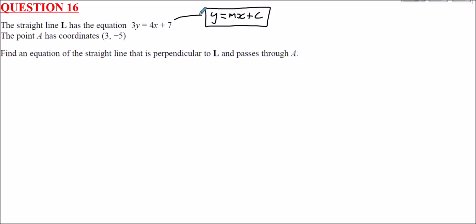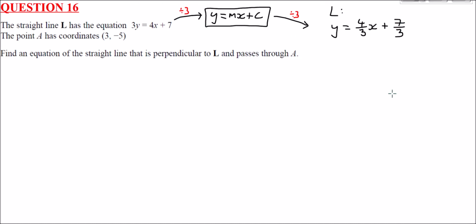So if we take this here, we can make y the subject by just dividing both sides by 3. If we do that, we have y on its own equals 4/3 of an x, or 4 over 3x, plus c, the y-axis intercept will be 7 over 3. And that's what L is.